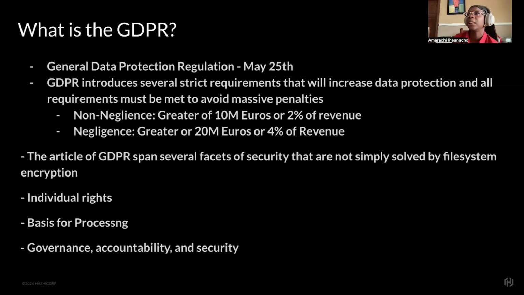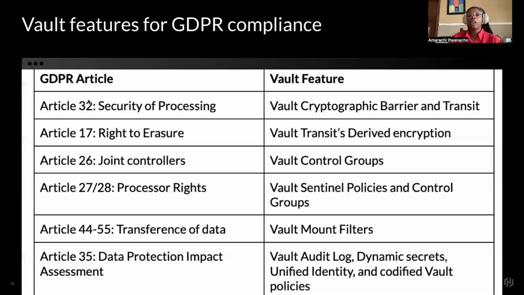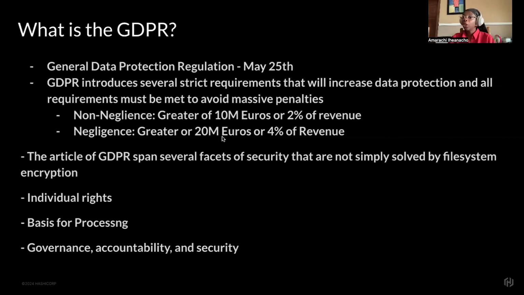But it's not easy to ensure that your organization is in line with the GDPR, and that's what Vault helps you with. You can see some of these penalties here. For non-negligence, you have penalties of 10 million euros or 2% of your revenue. That's a lot. But for negligence, which is probably what you'll most likely be charged with, you have a penalty of 20 million euros or 4% of revenue. That's a lot.